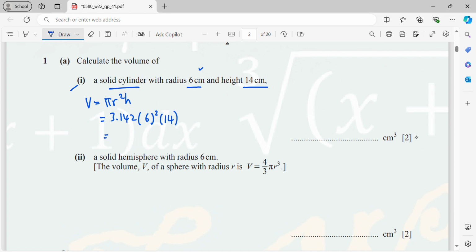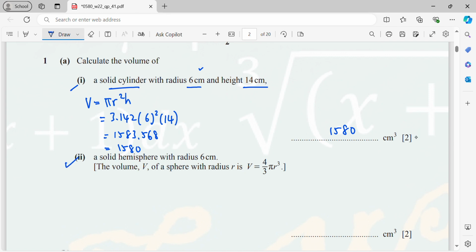When you calculate this, you will get 1583.568. But then we always round the answer to 3 significant figures. Therefore, this will be 1580 centimeter cubed. So that is the solution of 1a, first part.